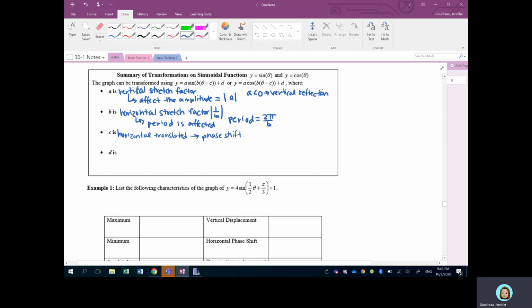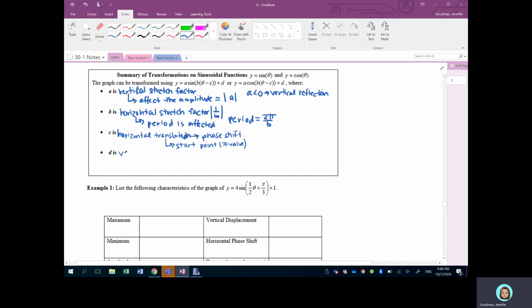Horizontal translation, same thing as phase shift. Now what phase shift does is it actually tells us what the starting point is going to be. So it tells us the start point, the x value of the start point for the graph. So we talked about needing the start and the end point to determine the period. The C value tells you what that start point is.